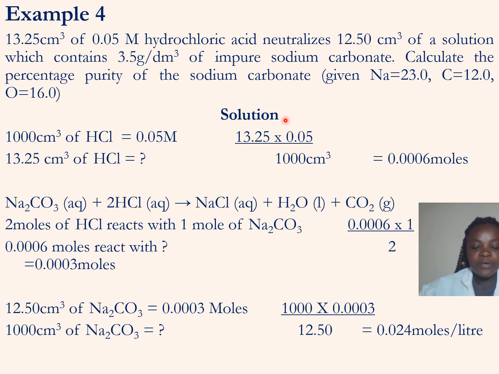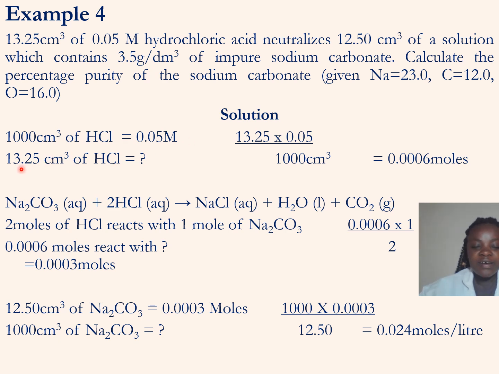So from the question, we have first to determine the standard solution. And from the information we are given, hydrochloric acid seems to be the standard solution since we have its concentration and its volume. So having its concentration and volume, we can calculate the number of moles present in hydrochloric acid. So we have 1000 centimeters cubed, or simply 1 liter, is equal to 0.05 molar.